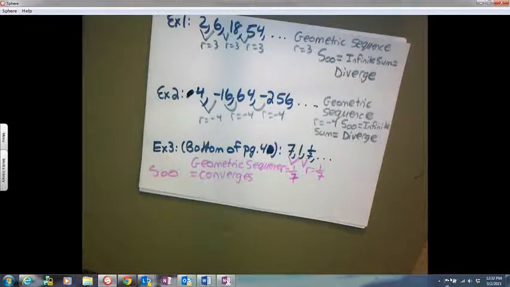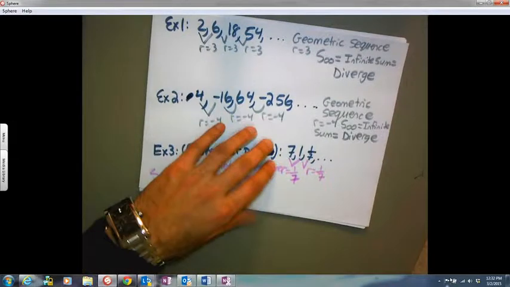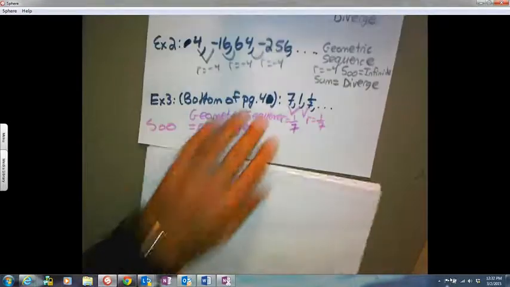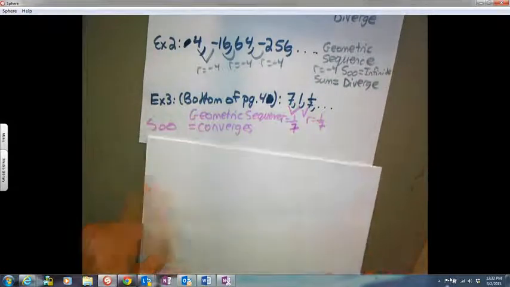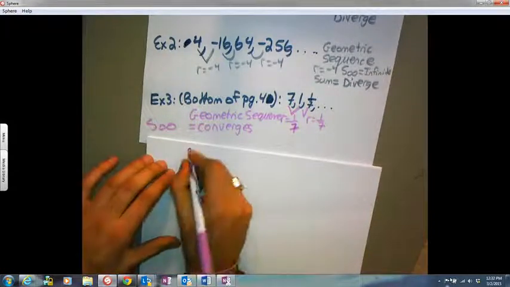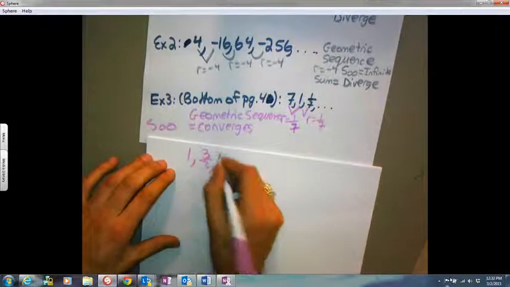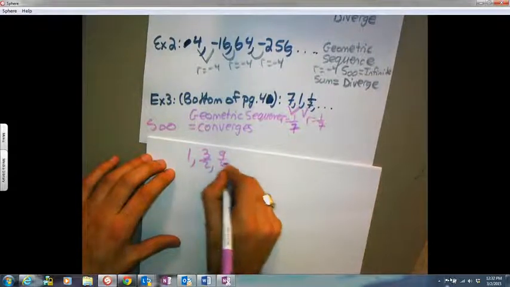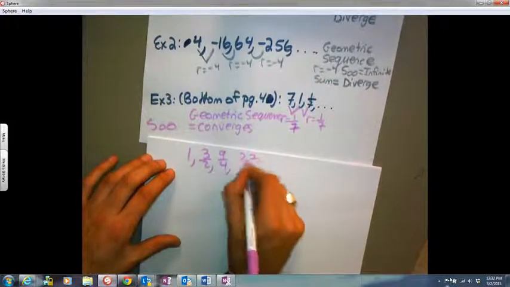Convergence is... this has been the answer in every class, and in every class I have given this counterexample. So here, the r is 3/2, but this will diverge because these numbers keep getting bigger.